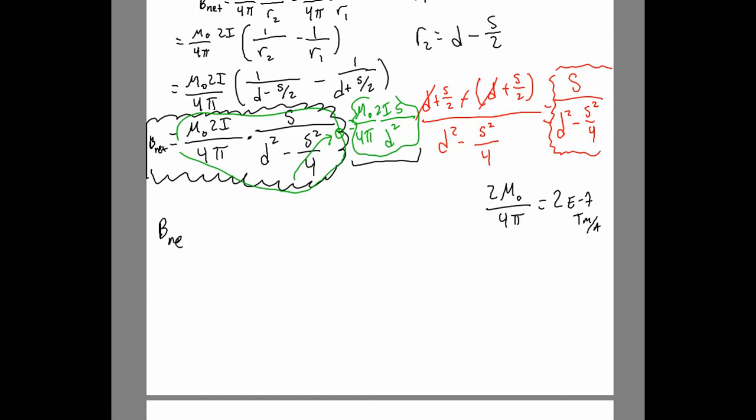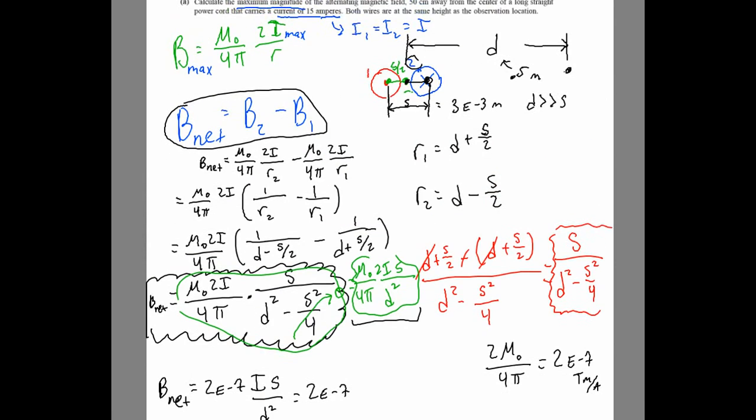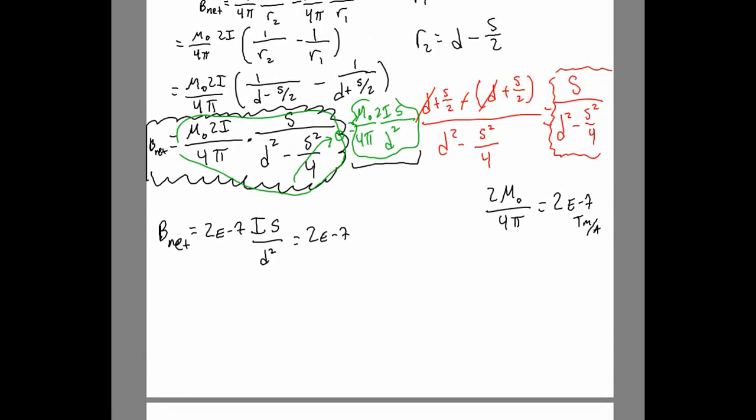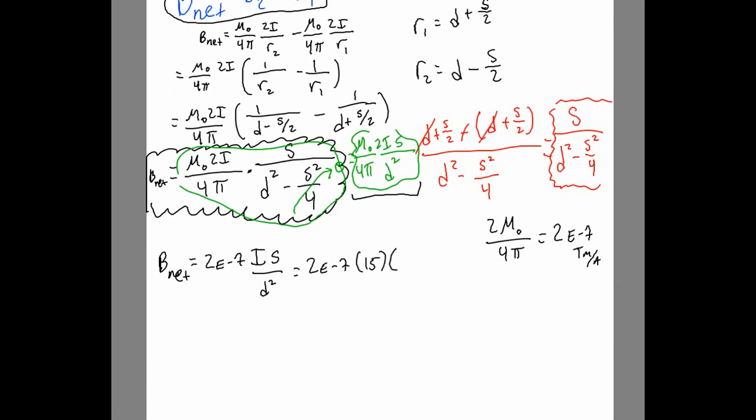So B net equals 2e to the negative 7 times I s divided by d squared, which equals 2e to the negative 7 times 15 times 3e to the negative 3, divided by 0.5 squared, which is 3.6e to the negative 8 Tesla.